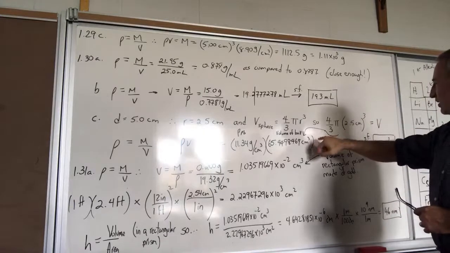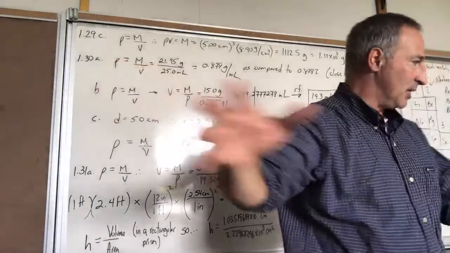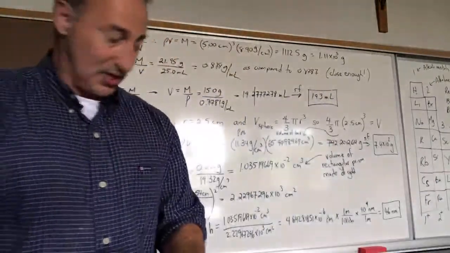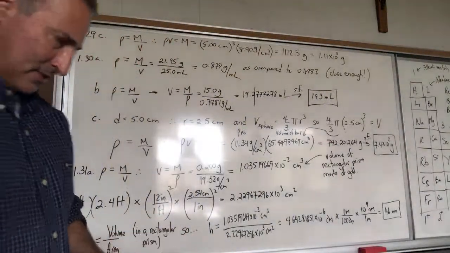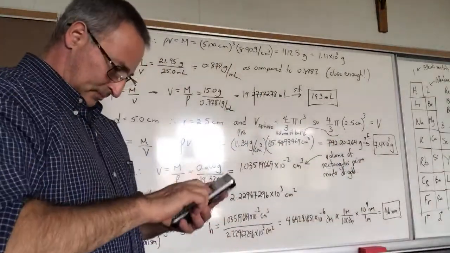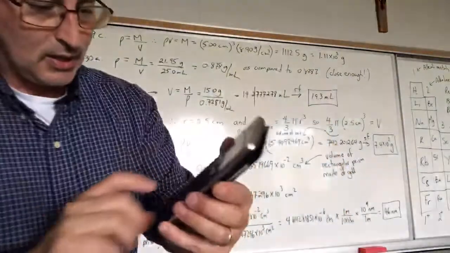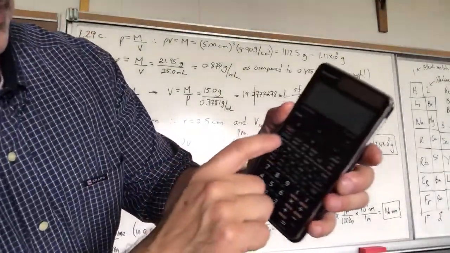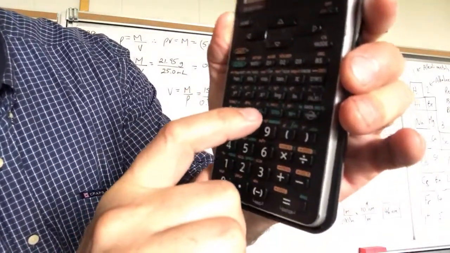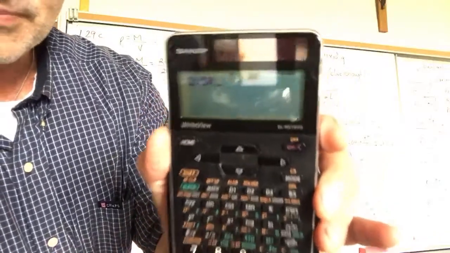The number you get when you enter that into your calculator, somebody wanted me to use a calculator. Here we go. Try to give you a close-up. I've entered 2.5 in my calculator, and then I raised it to the power of 3. You press second function, in my calculator anyway, and there's the x to the 3 power. So I press that, and I get this.